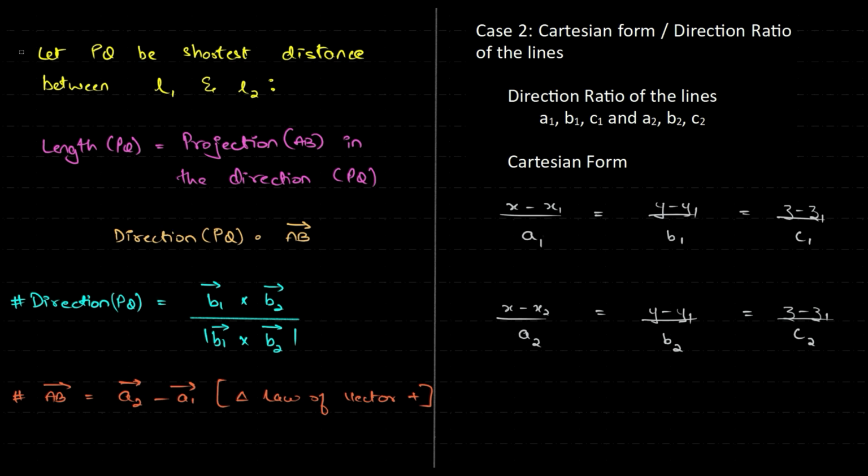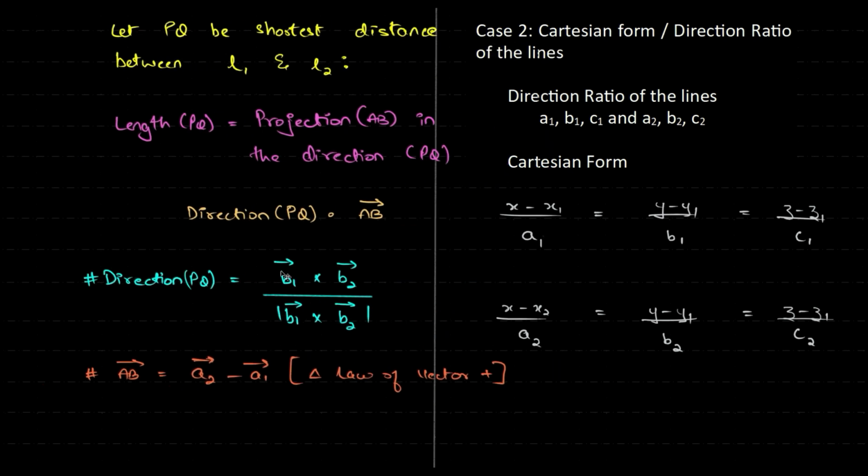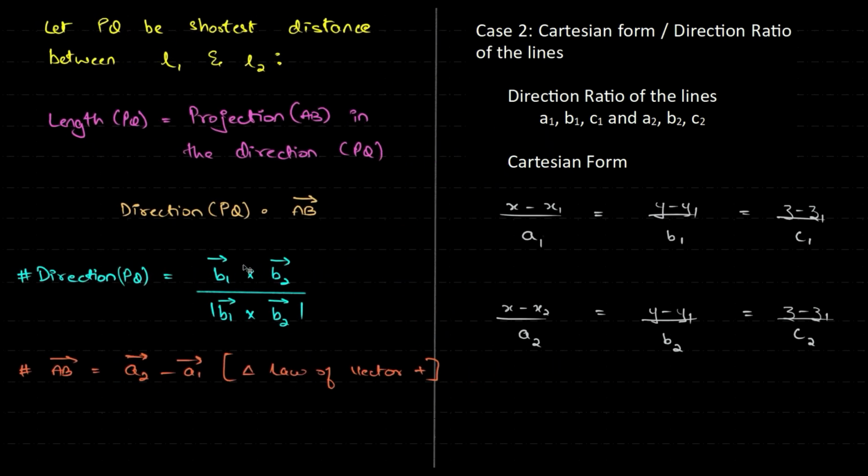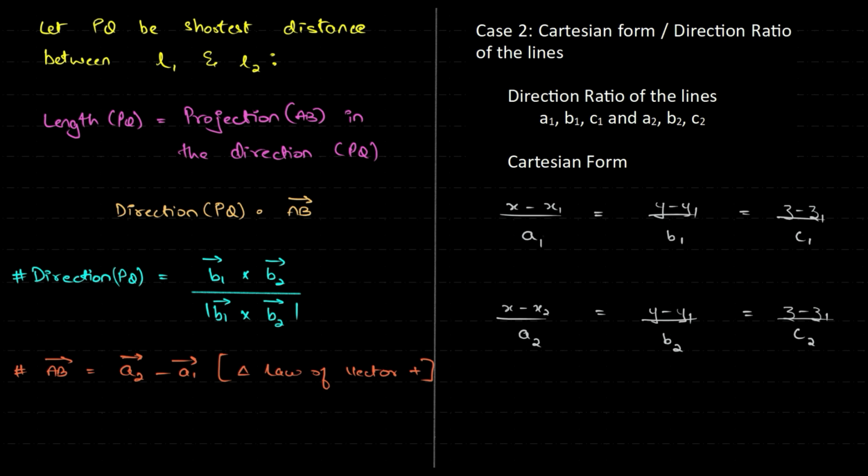And finally, we have the PQ. Therefore, PQ is equal to the length, that is the dot product between this particular expression and this expression. That's it.